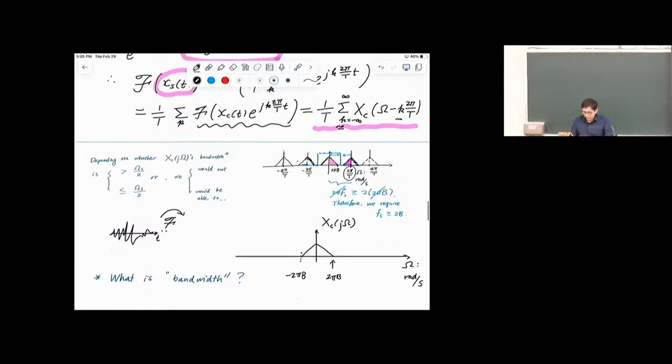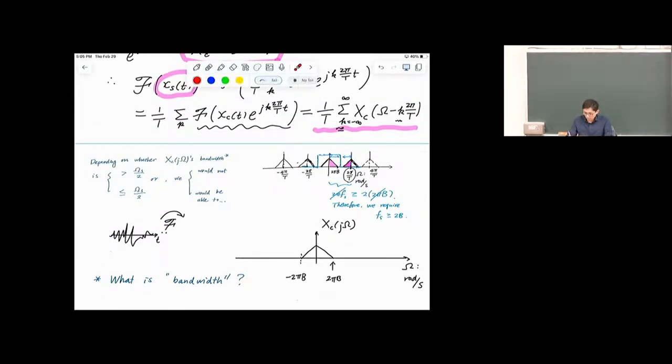After sampling, again, we look at this equation. There is a summation, so using the same equation, we are going to shift the spectrum to the right and to the left by integer multiples of basically a sampling frequency. Let's now think about having a low sampling rate. Sampling rate is too small.